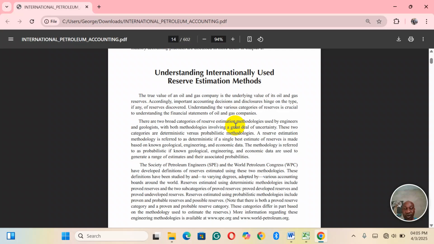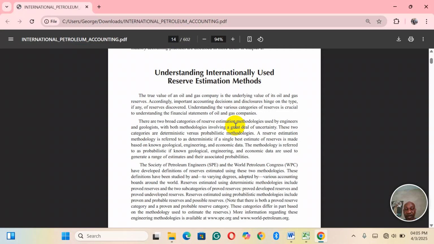The true value of an oil and gas company is the underlying value of its oil and gas reserves. Accordingly, important accounting decisions and disclosures hinge on the type and amount, if any, of reserves discovered.